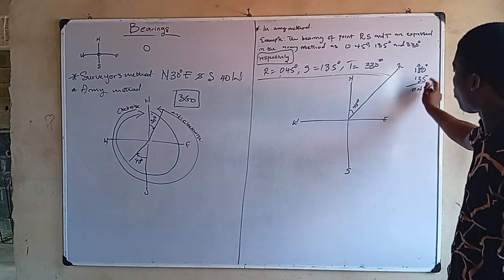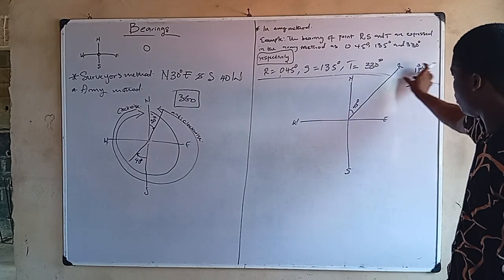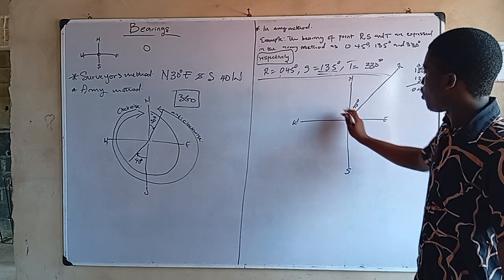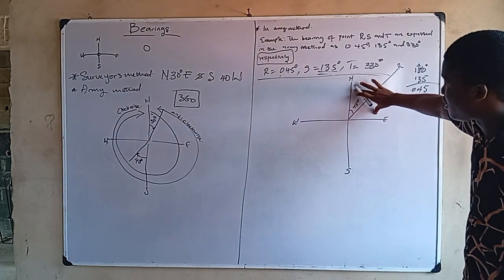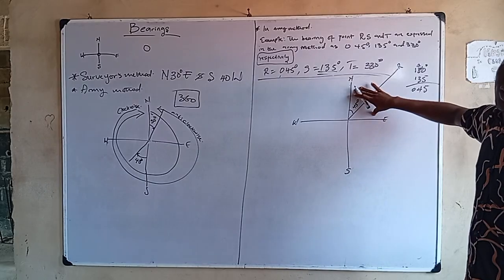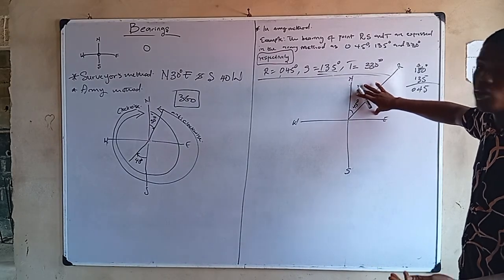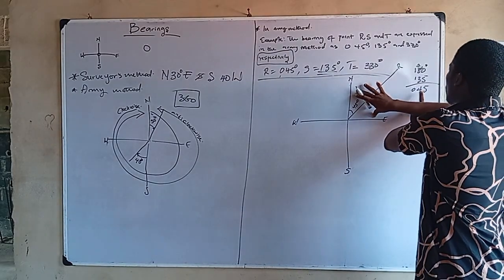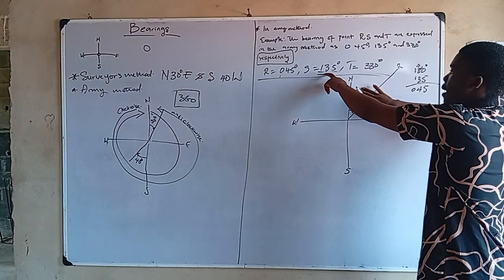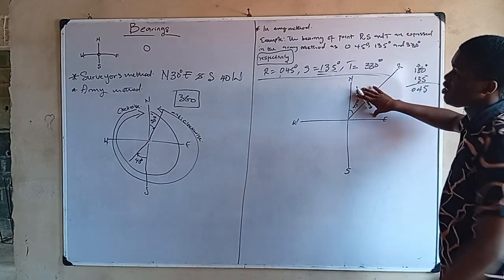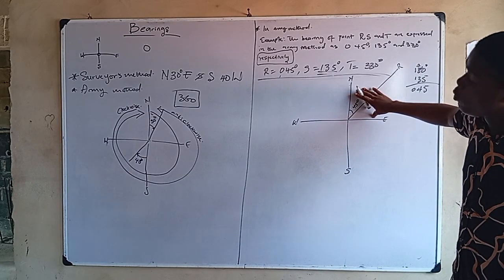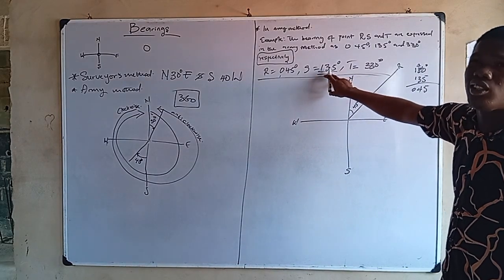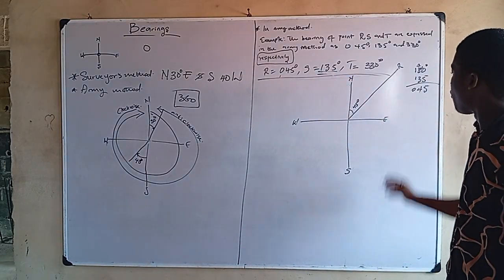Now, how can we locate this number on our bearing? We know this is 90, but what is going to complete it to be 135? We know it is 45.